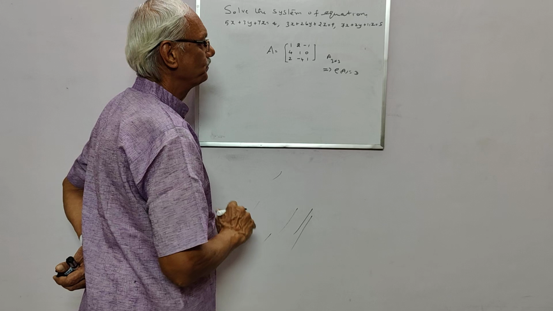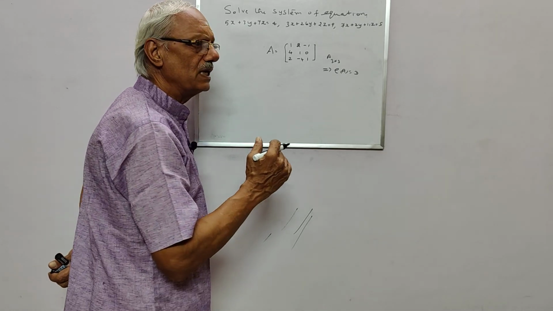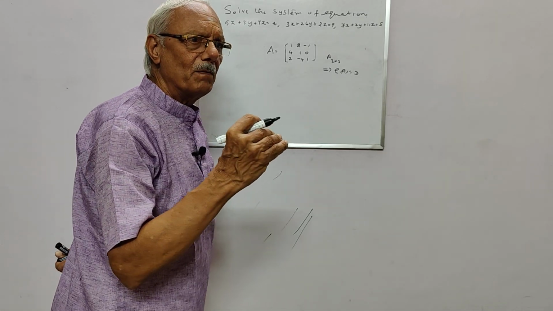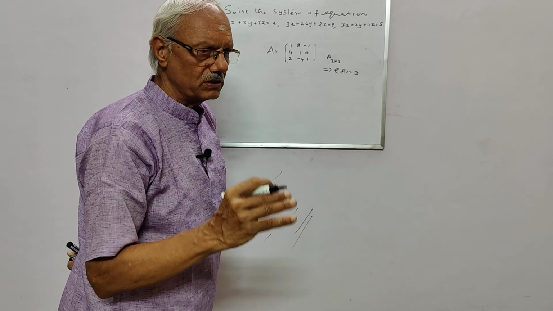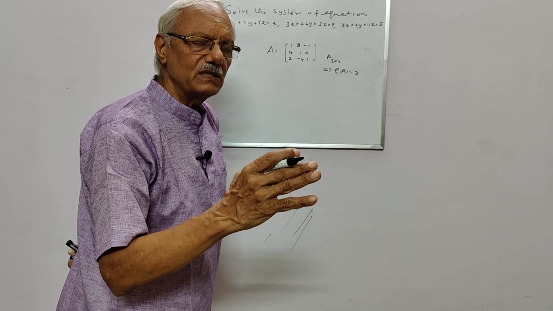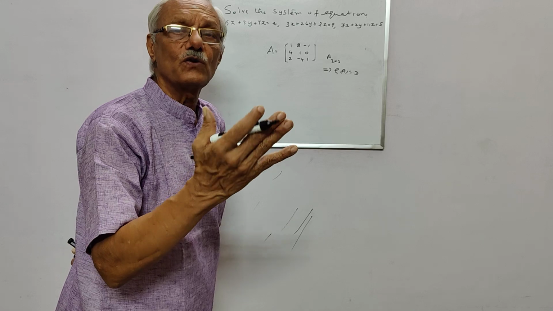Take this A. In a matrix, row operations and column operations will not change the nature of the matrix.